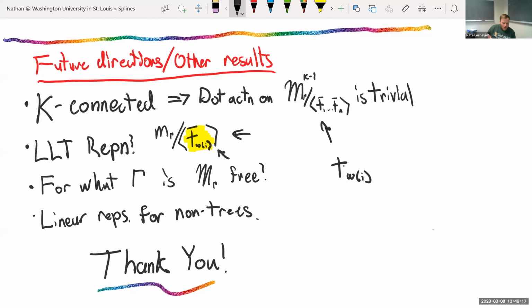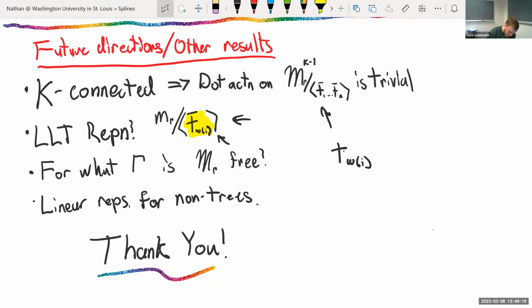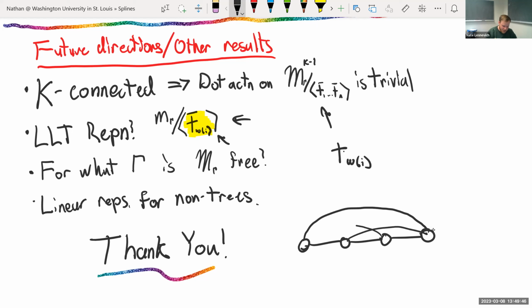So one thing I perhaps should have said, for those of us who aren't as familiar with the claw-free or the incomparability graph story, what I'm saying is, on the Hessenberg side of things, if we have this situation, we also need that.